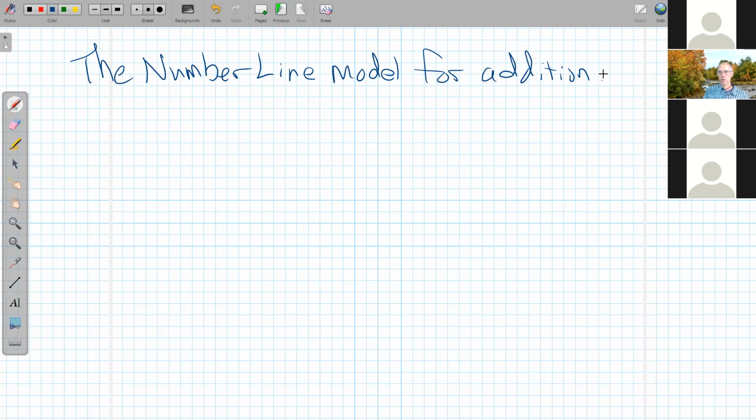So number line model for addition, and I guess I should be more specific, of whole numbers, although it really works for any kinds of numbers, but best for whole numbers. So a number is a distance on a number line or a position on a number line, is the premise here.